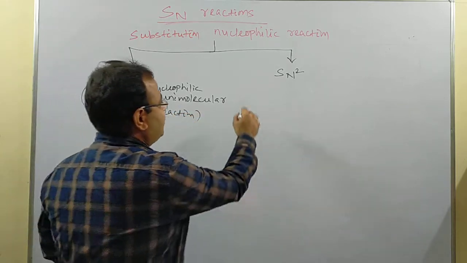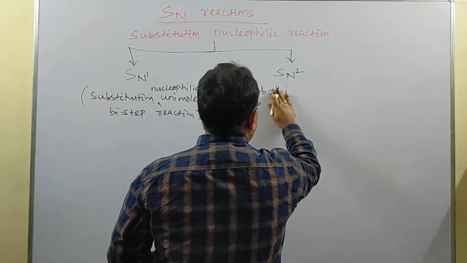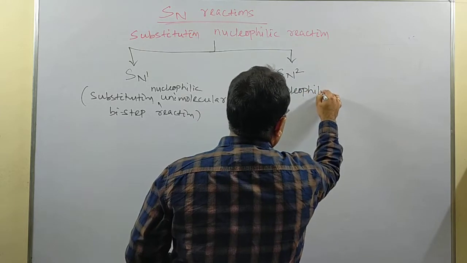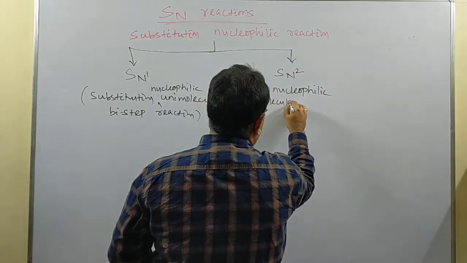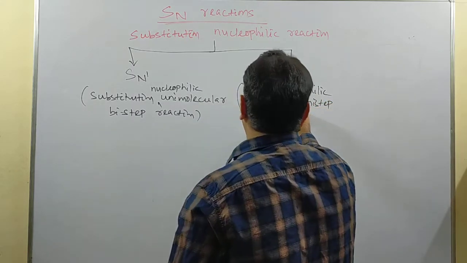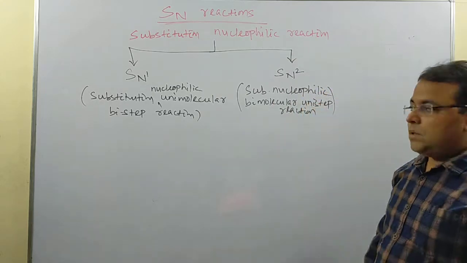And what is the full form of SN2? Substitution nucleophilic bimolecular, a one-step reaction. So these are the two major types of nucleophilic substitution reaction.